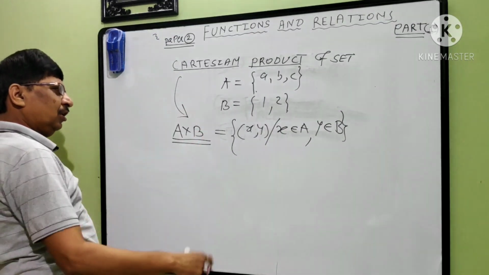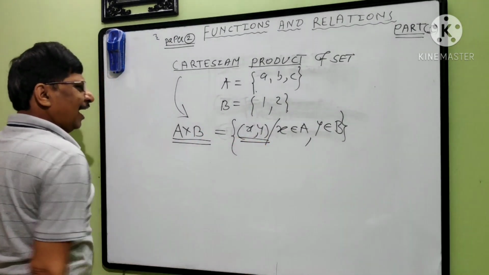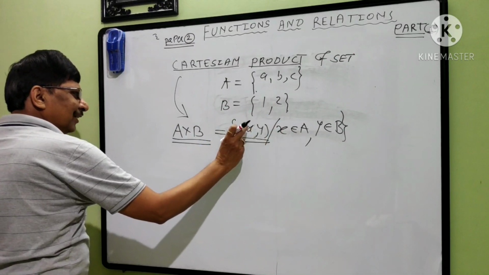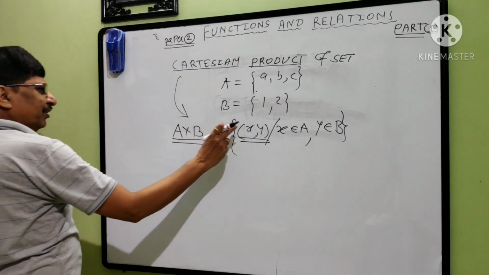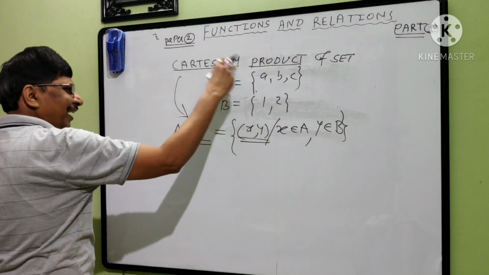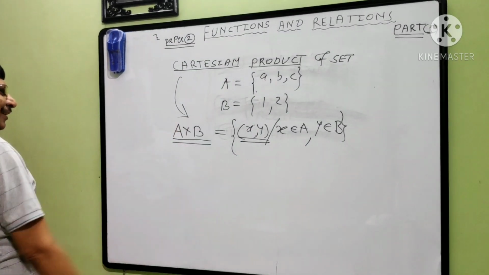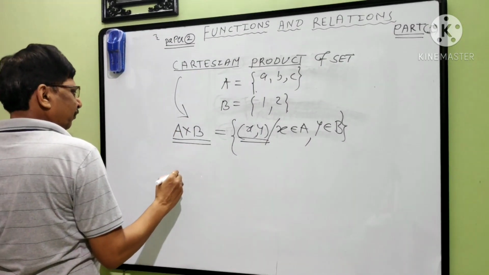A set of what? Ordered pairs. The first element belongs to set A and the second element belongs to set B. Then we can say it is the Cartesian product A cross B.